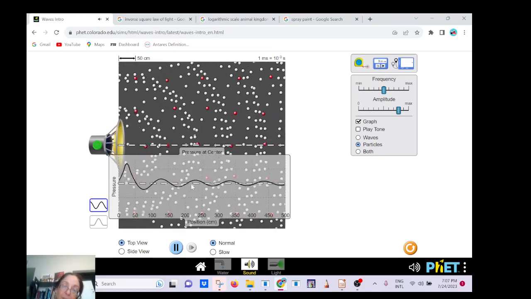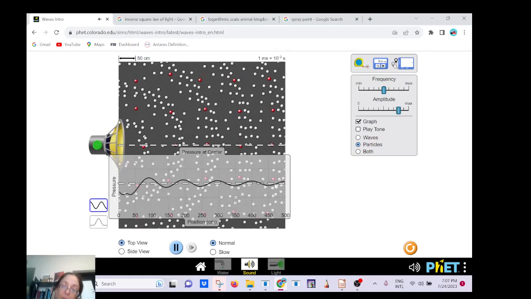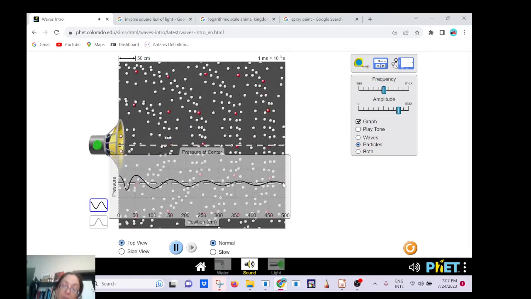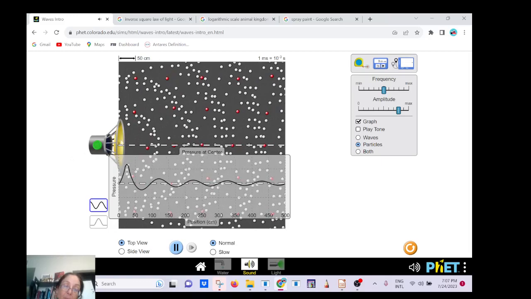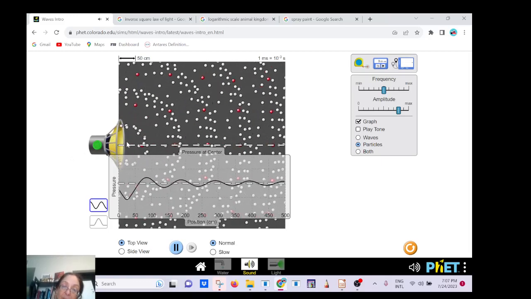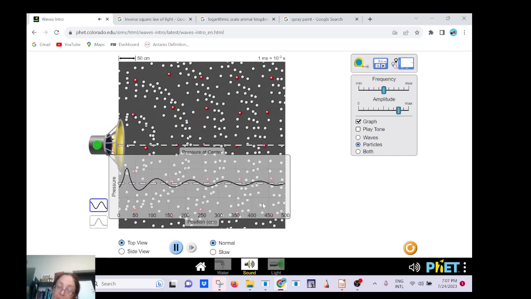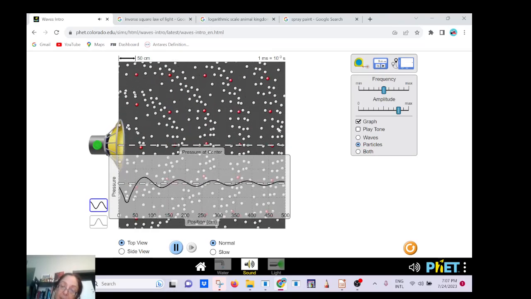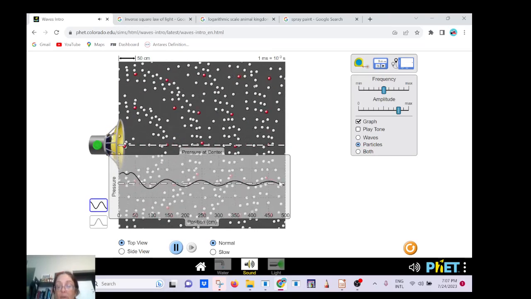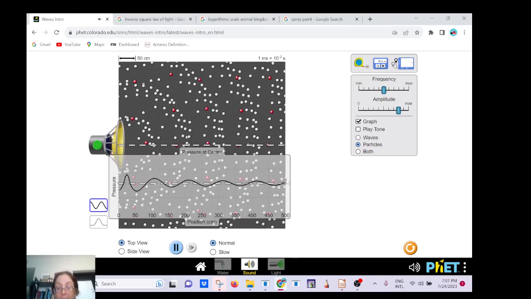And what you see is that as you move away from the source, the amplitude decreases, because the same amount of energy that you start with is going to spread over a larger area. So that's why the amplitude is decreasing.